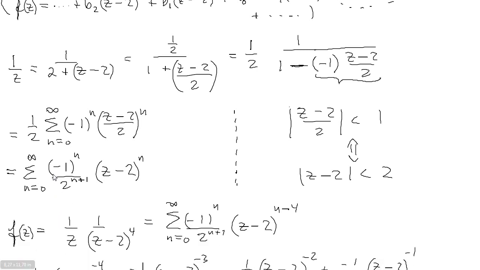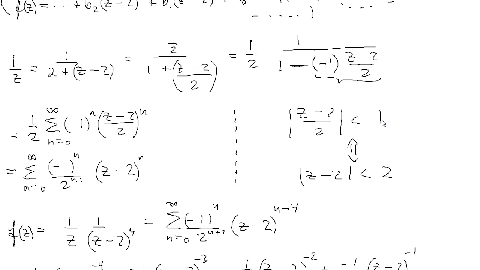So now I have the Laurent series for the function 1 over z. We see here that we have (z minus 2) to the power of n in each term multiplied with some coefficient. Moreover, we can take a look at the convergence domain. We know that this variable should have absolute value less than 1.